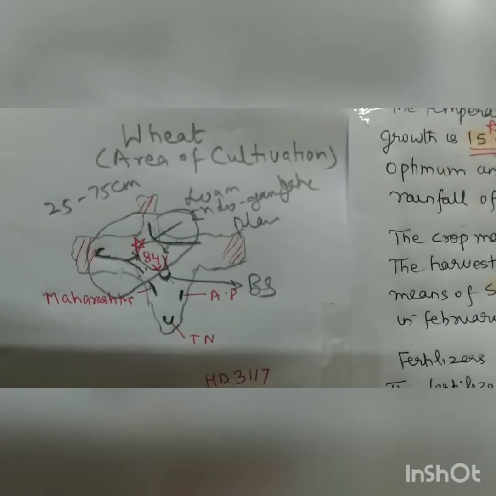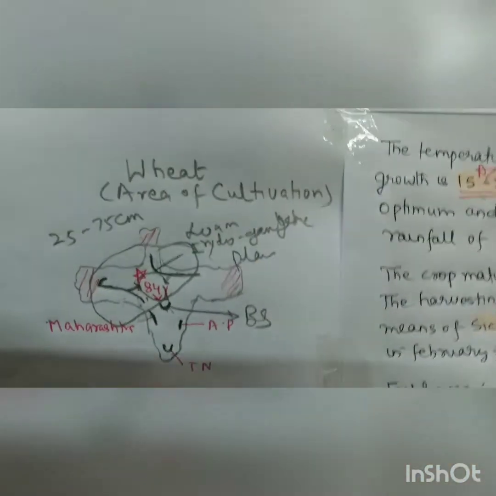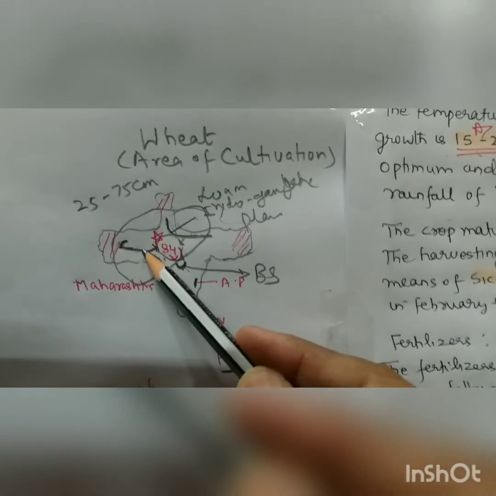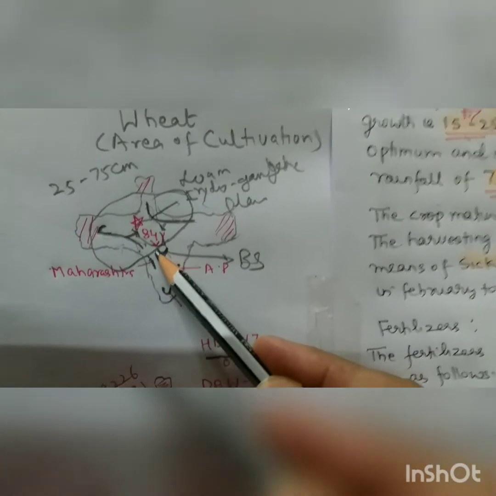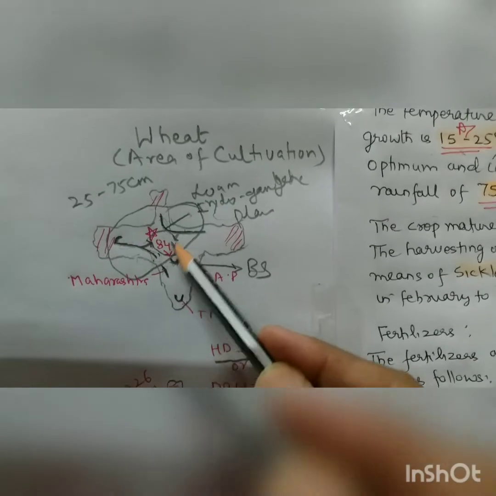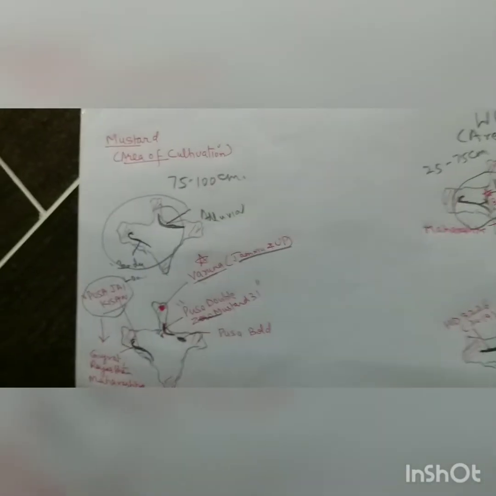A lot of times I've seen the question come, and this plain is very important, that is the Indo-Gangetic plain, and this plain and this area of Rajasthan and Gujarat and this patch of Madhya Pradesh, they account for 84%. And this is the wheat layout. So I just finish with this.